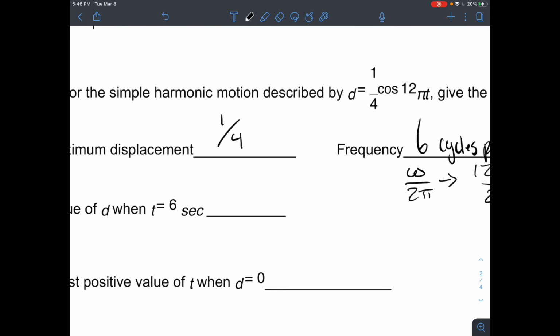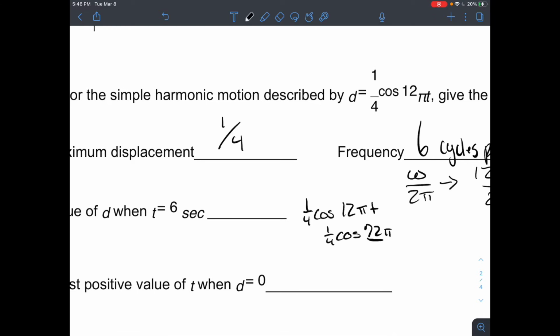So we are going to just plug it in. If we get 1/4 cosine 12 pi t, we're going to get 1/4 cosine 72 pi t. Realize that 72 is even, so it's going to be coterminal to 2 pi.